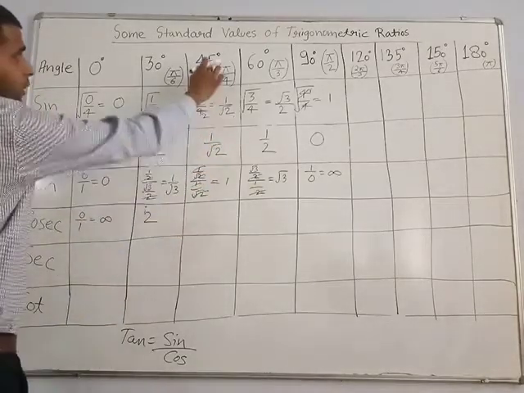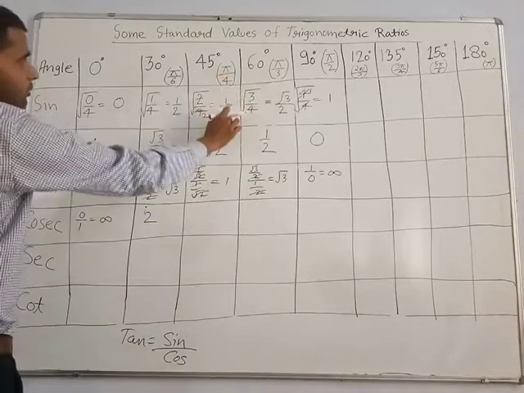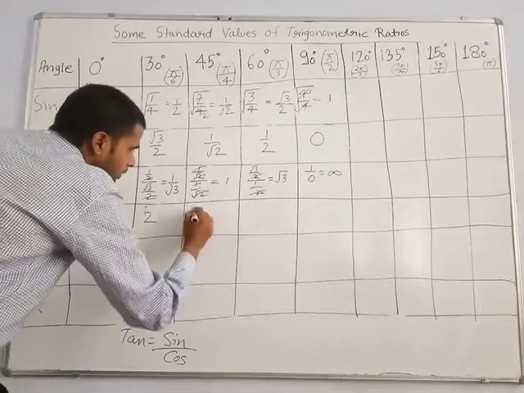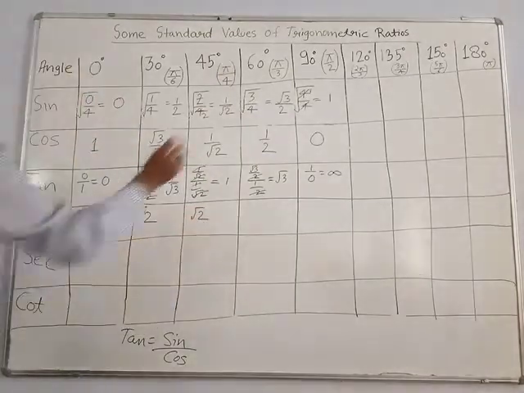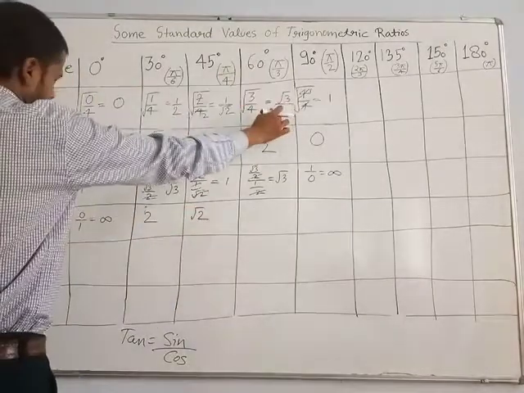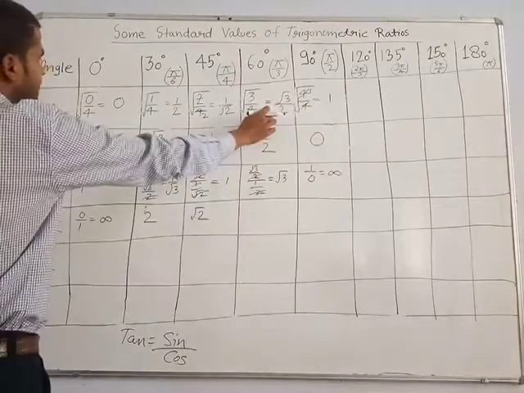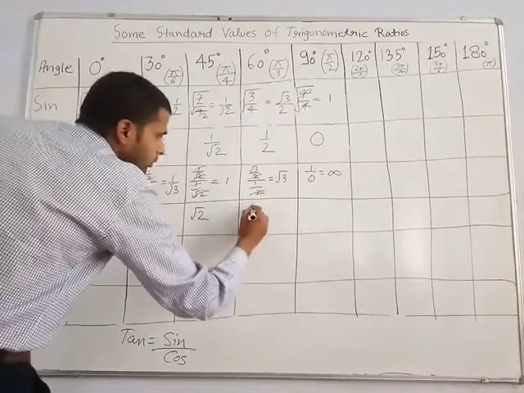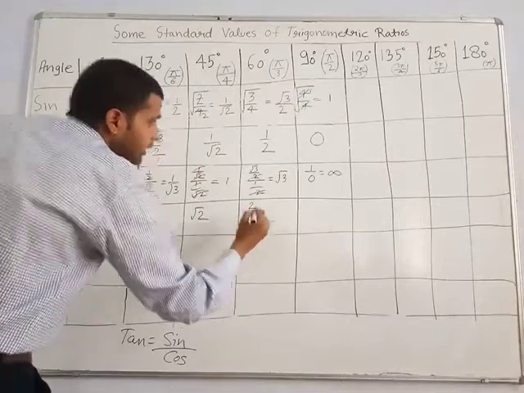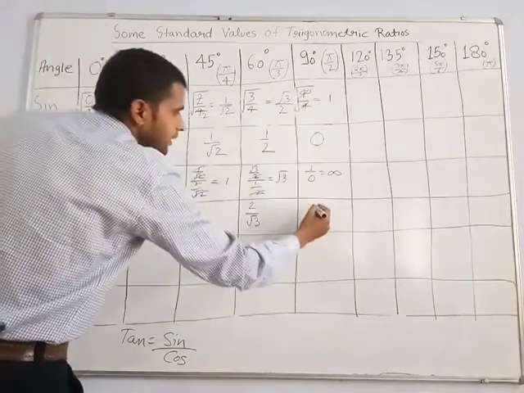Then cosec 45 is the reciprocal of sin 45, 1 upon root 2, so that is root 2. Then cosec 60 is the reciprocal of root 3 upon 2, so 2 upon root 3, and cosec 90 is 1.